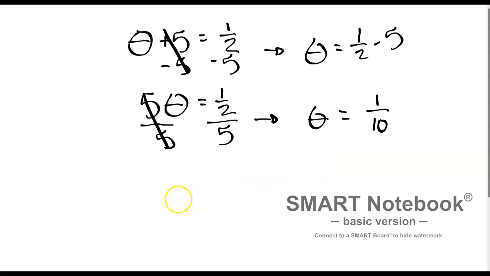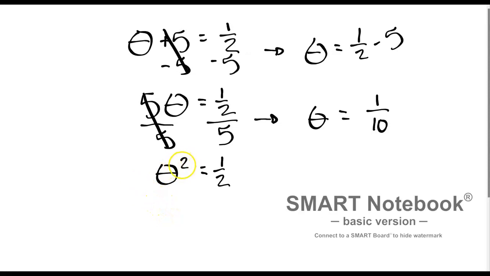Now, I'll even go this far. Some of you guys can handle this, if not all. Let's say I had theta squared equals half. What would be the inverse here?